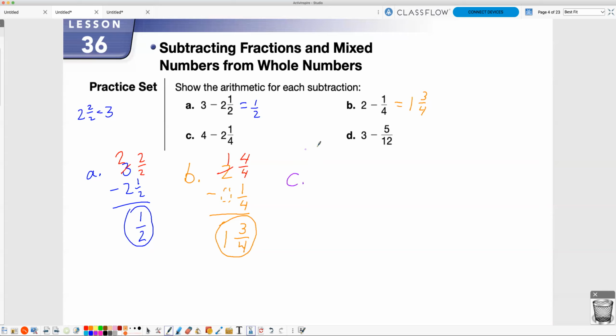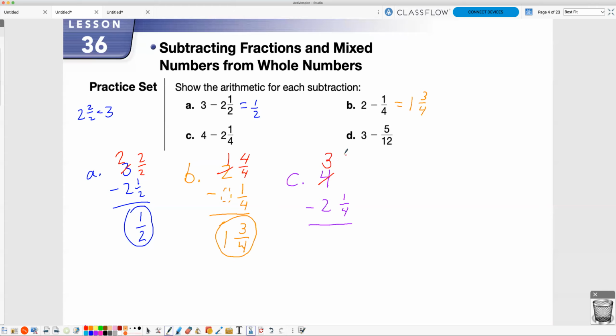Let me set this one up for you in case you failed miserably at letter A and B. Let me start this out for you. Letter C, 4 minus 2 1/4. So it should look like that when I'm writing it on my paper. Go ahead and try it. Okay, so again, I need to borrow or rename.